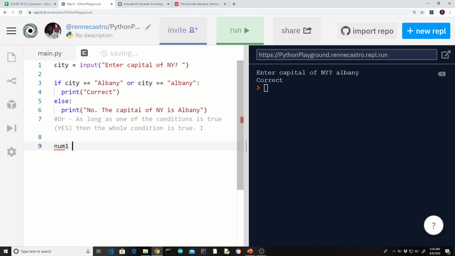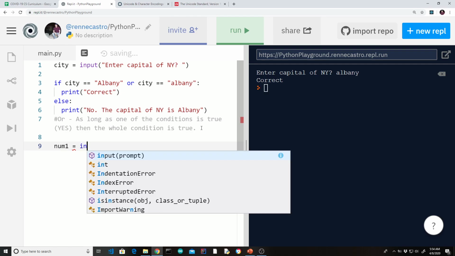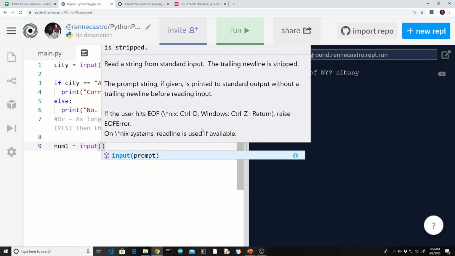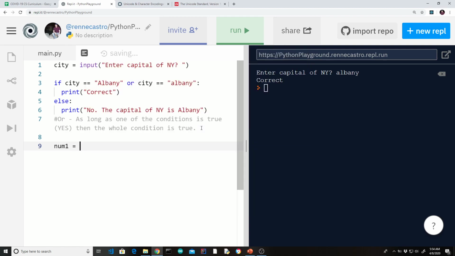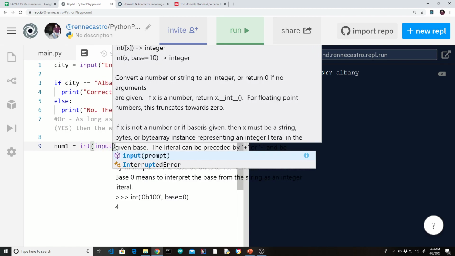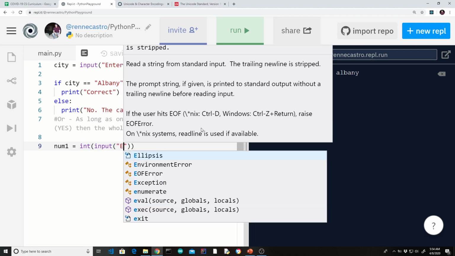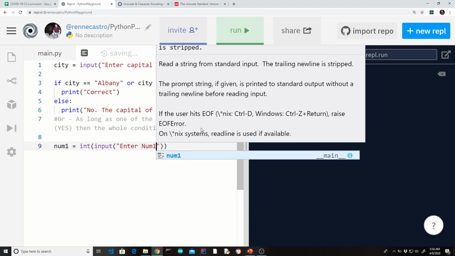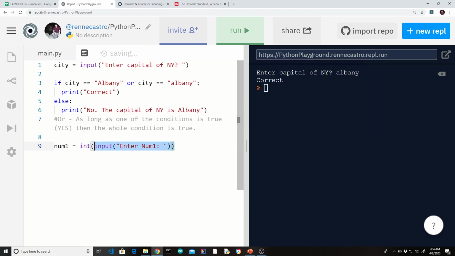So let's ask the user for two numbers. We'll do int input, enter number 1, colon space, and we'll just do this. So we'll say 2.